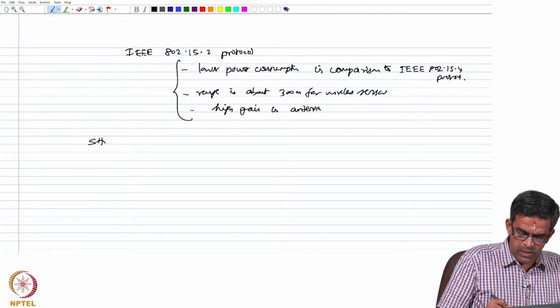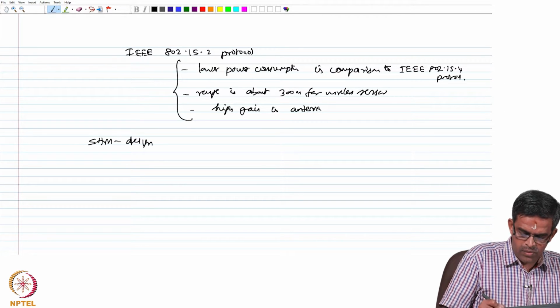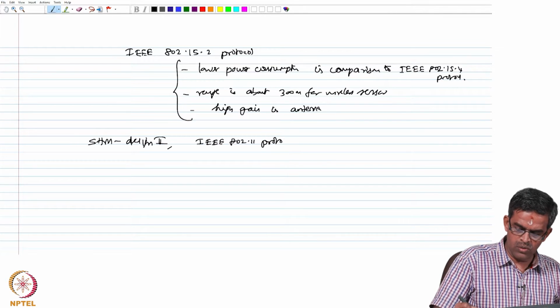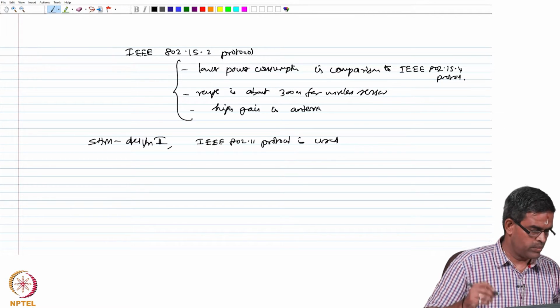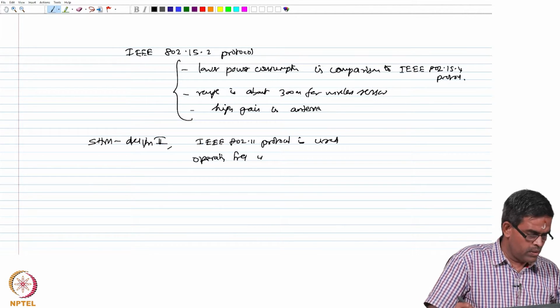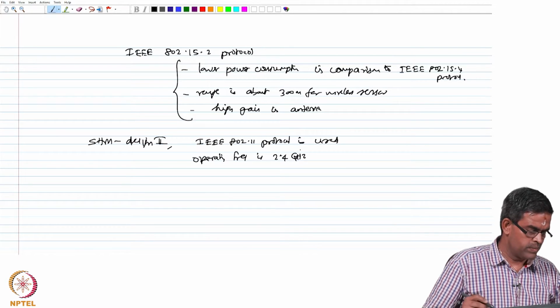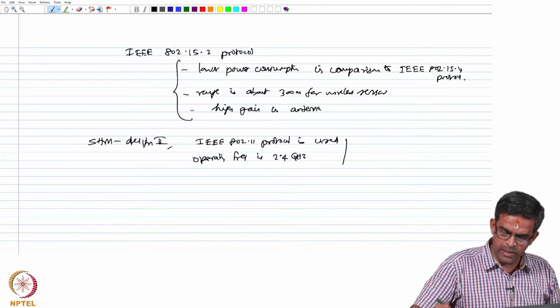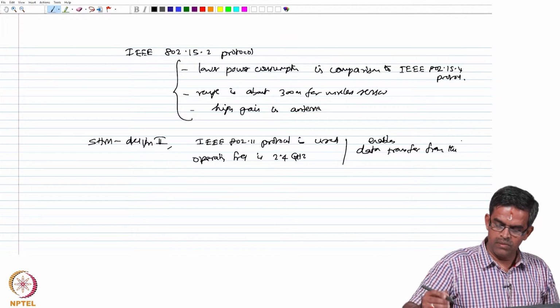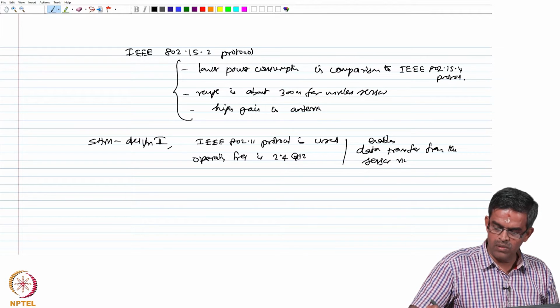Now, in SHM Design-2, which we are discussing currently, IEEE 802.11 protocol is used. The operating frequency is 2.4 gigahertz. This enables the data transfer from the sensor nodes to the base station.